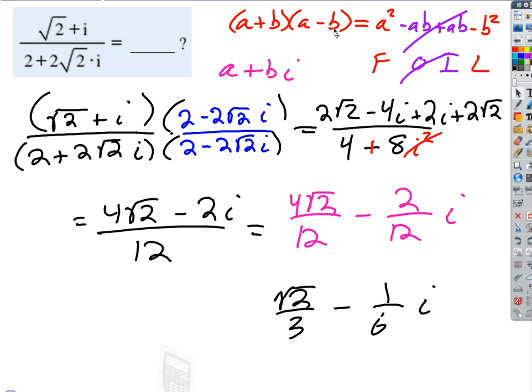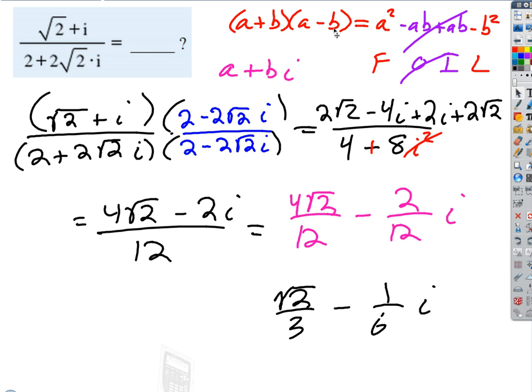And for complex numbers, that's a big advantage to us because those are the two terms that are going to end up with no i's in them, right? I'm going to get an integer and then an integer times i squared, which is a -1. It's only the middle terms where we get the i's, and those drop out when we multiply conjugates. So that's why we do this. That's why this strategy works.